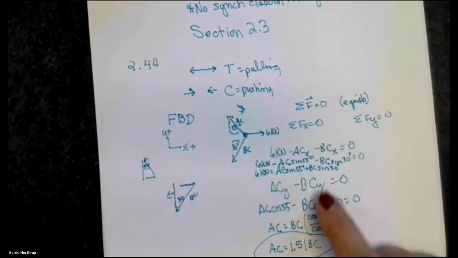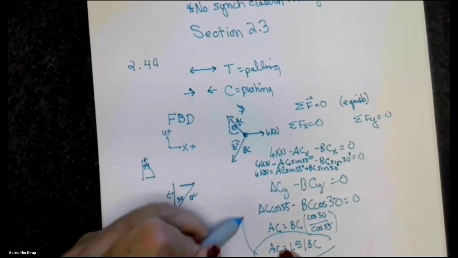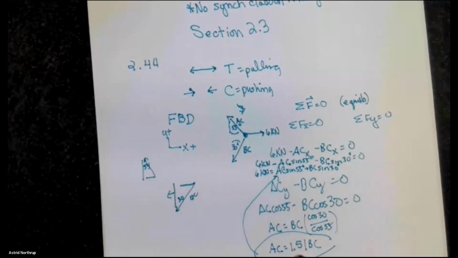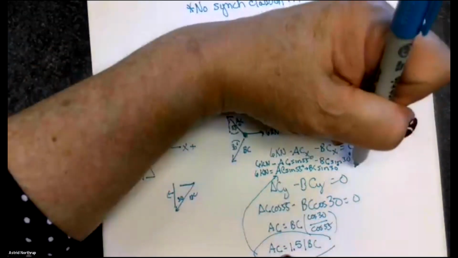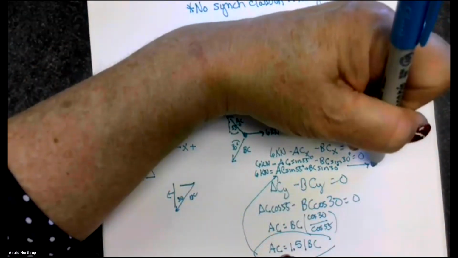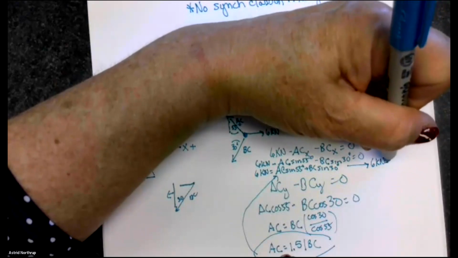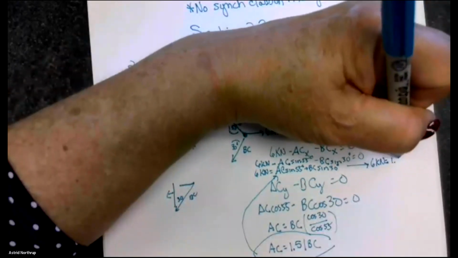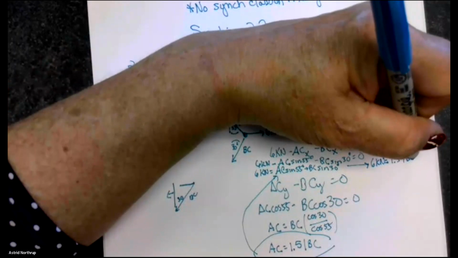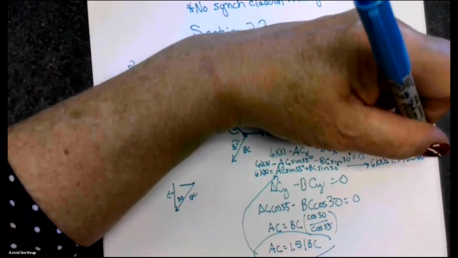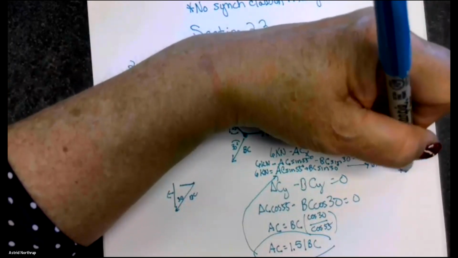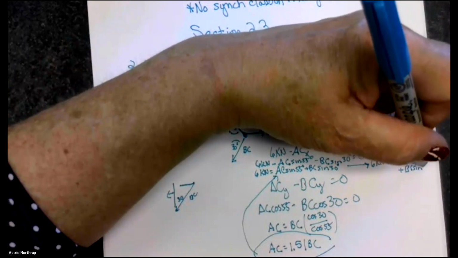Now we still have two unknowns, but now we know that AC is equal to 1.51 BC. So we can substitute that in for AC and write the equation. 6 kilonewtons is, instead of writing AC, I'm going to write 1.51 BC times the sine of 55 plus BC times the sine of 30.